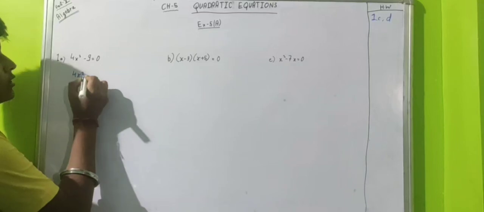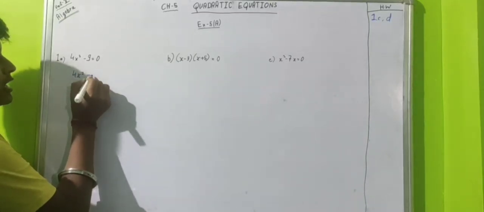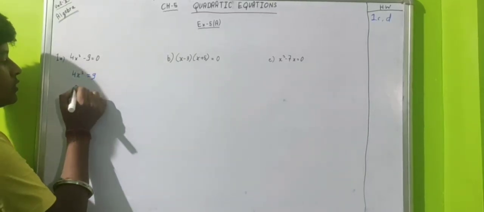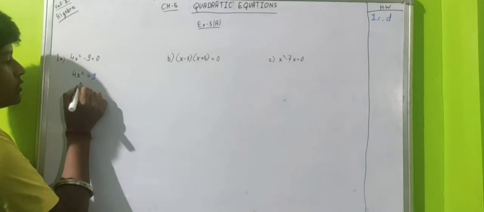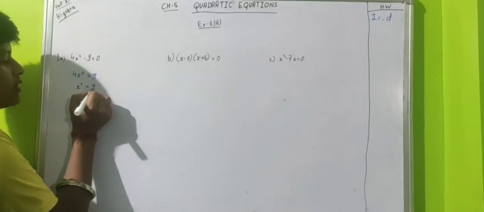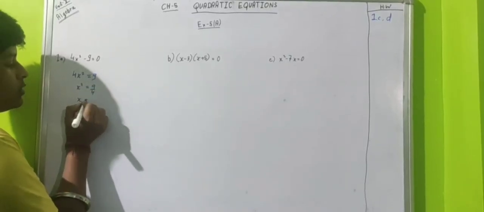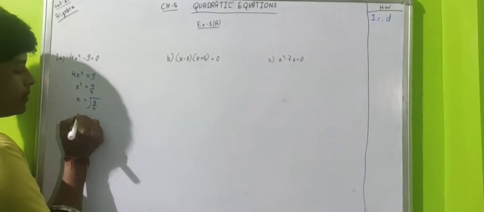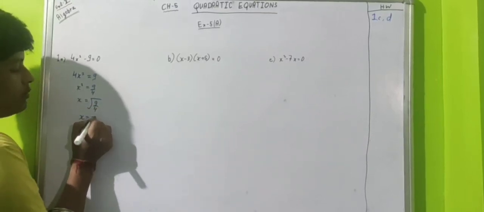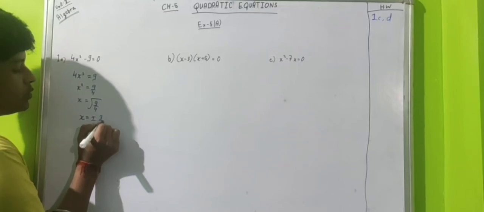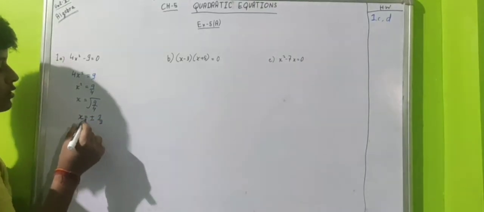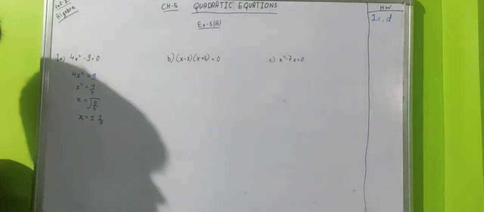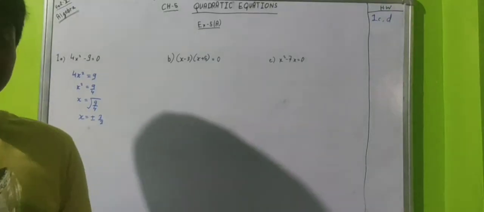4x square, send minus 9 to that side, it will be positive. x square equals 9 by 4. Under root both sides, 9 by 4, and then we will get plus minus 3 by 2. The reason why we put plus minus is that it can be positive also, negative also.